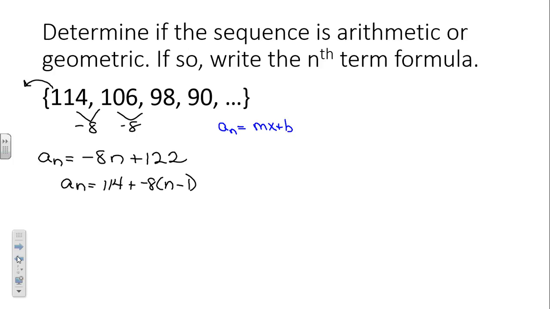So our m is our difference. We actually modified it. So it's just like our arithmetic sequence. a1 minus the difference. So negative 8n, we have to subtract the difference, so we're going to get a 122 when we take away a negative 8, so plus 122. You're welcome.